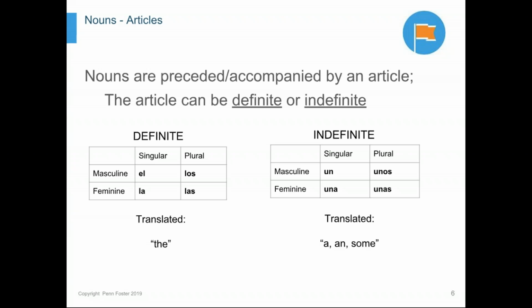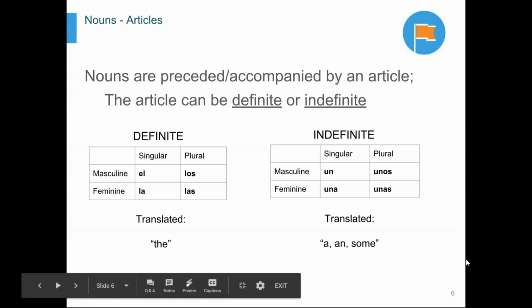And all on the right, if they're singular, can translate as a or an. If they're plural, some. So if you're talking about the house, a house, or some houses, those articles in these 2 charts will be placed before the noun, such as house. You're going to see some examples on the next slide.